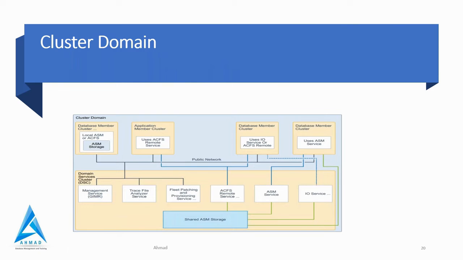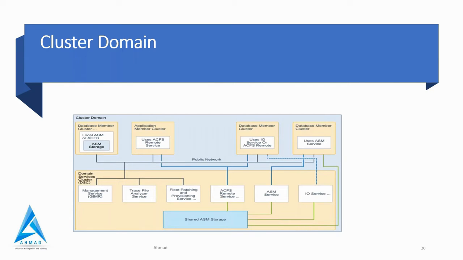All right. So now more inside details in cluster domain. I will not go into detail over here because it will go in a different direction. I'm just giving the overview of all these things. A cluster domain basically contains, as I said, member clusters.